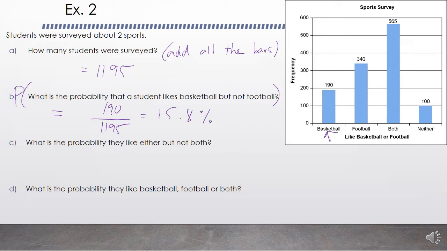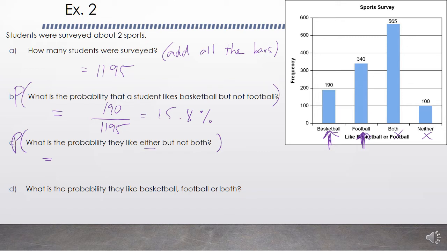What is the probability they like either, but not both? Probability of all that. So they like either, but not both. So that means we're not including that one, and we're not including that one. So we want to know this one and this one.